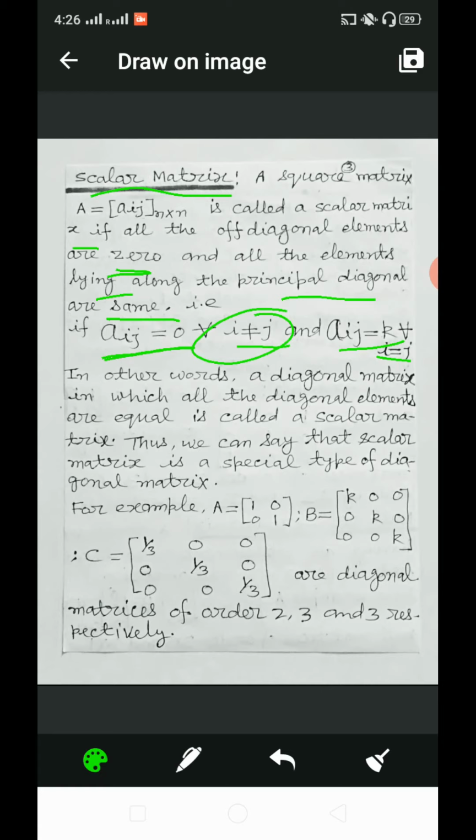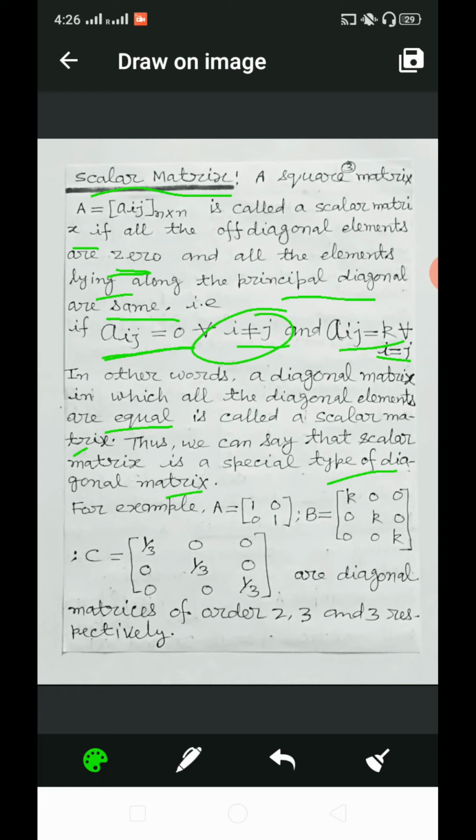In other words, a diagonal matrix in which all the diagonal elements are equal is called a scalar matrix. Thus, we can say that a scalar matrix is a special type of diagonal matrix.